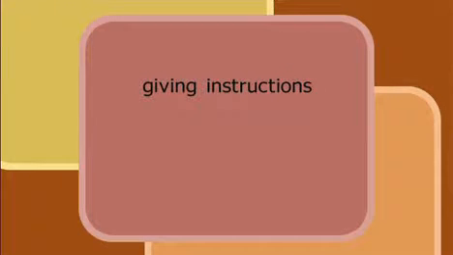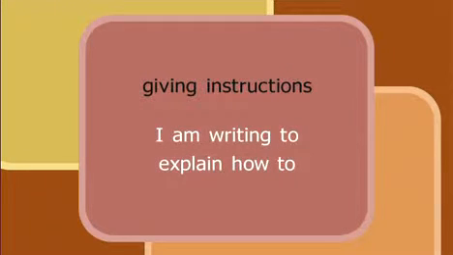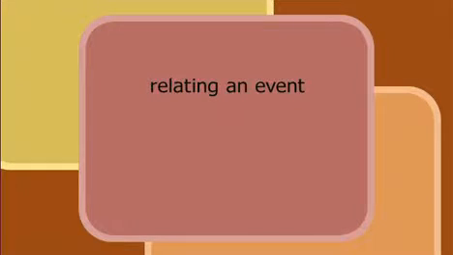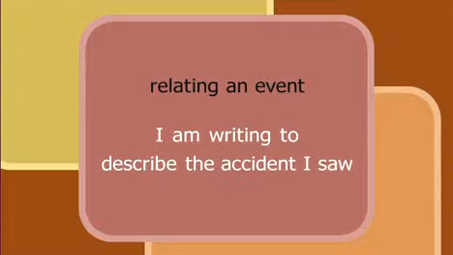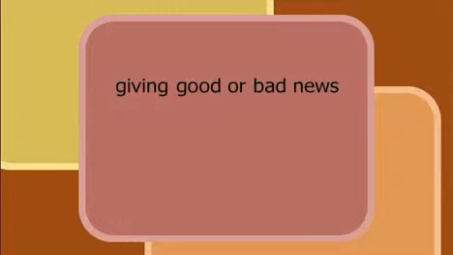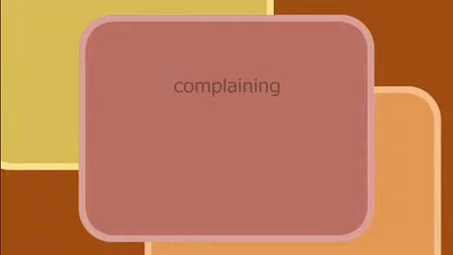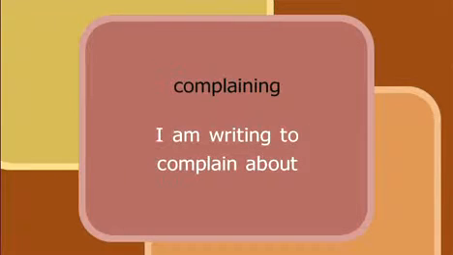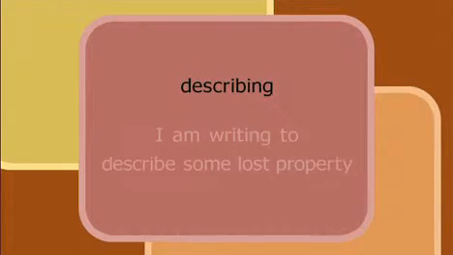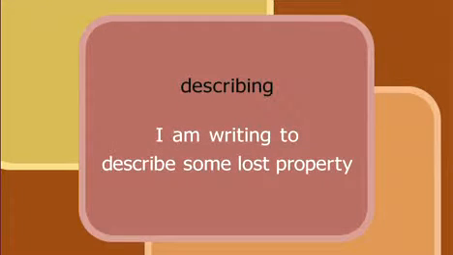For giving instructions, I am writing to explain how to. Relating an event, I am writing to describe the accident I saw. Giving good or bad news, I am very happy to tell you that. Complaining, I am writing to complain about. Describing, I am writing to describe some lost property.